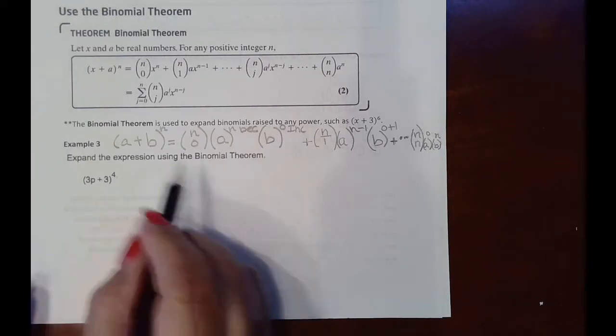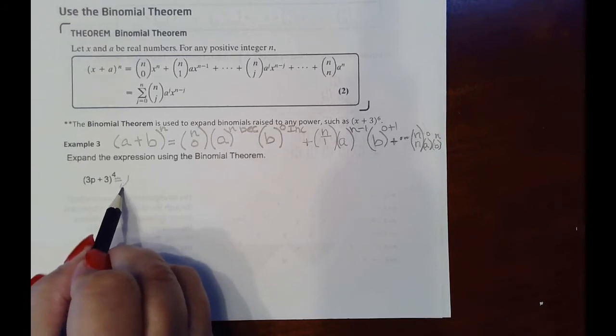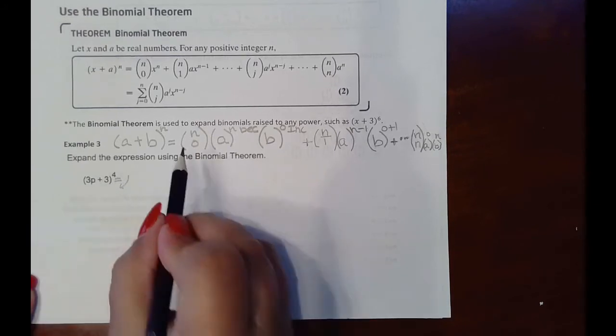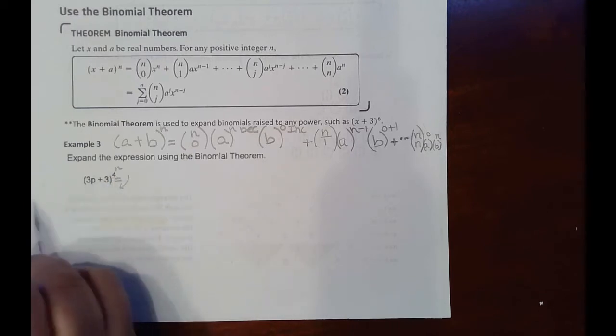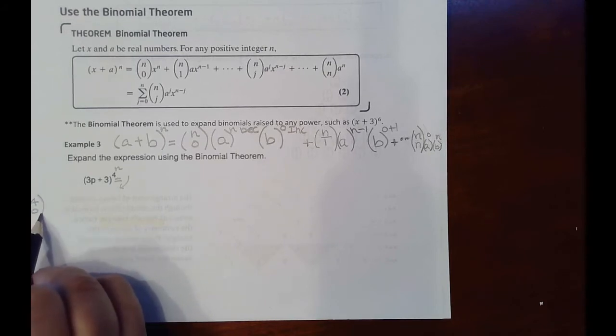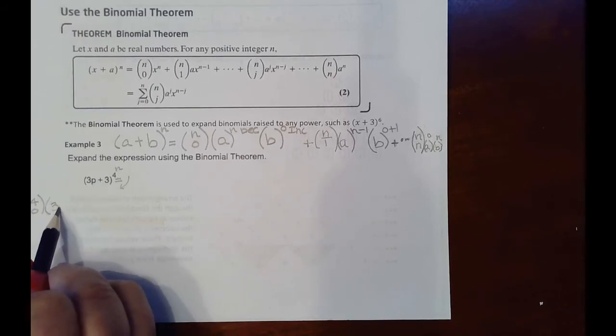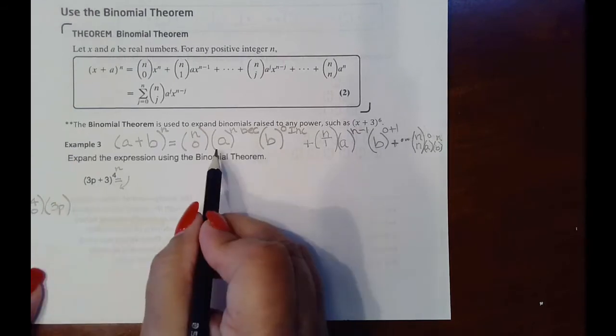So we're going to start off with n over 0. The power here, this is your n value right here. We're going to start off with 4 over 0. We'll let our calculator do that. That's going to be the coefficient. And we're going to take the first term of this binomial, just like this says.